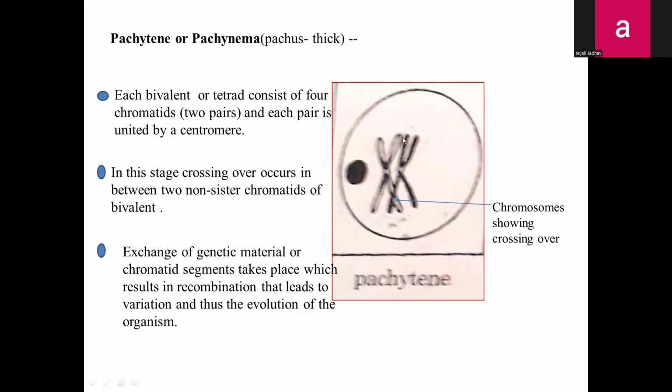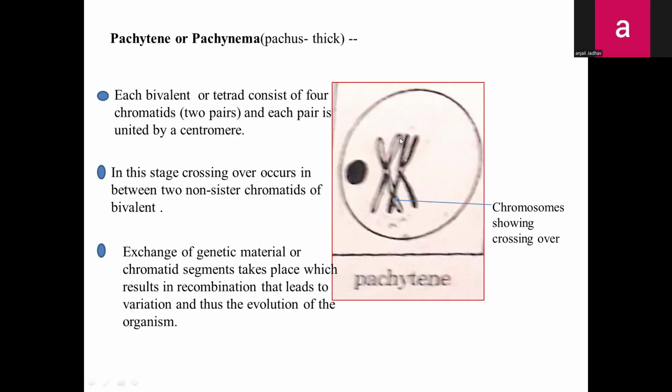तो non-sister chromatid means what? See, ये एक क्रोमोसोम के ये 2 क्रोमैटिड है, उनको क्या बोलते हैं? सिस्टर क्रोमैटिड्स. एक ही क्रोमोसोम के 2 क्रोमैटिड्स को सिस्टर क्रोमैटिड्स बोलते हैं. इसके 2 ये सिस्टर क्रोमैटिड. So one chromatid from this chromosome and another chromatid from this chromosome.